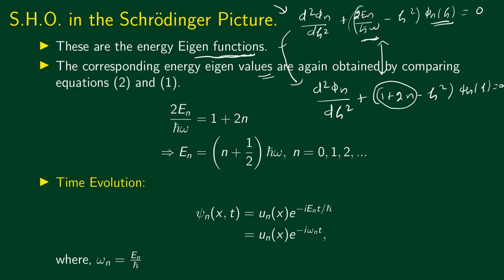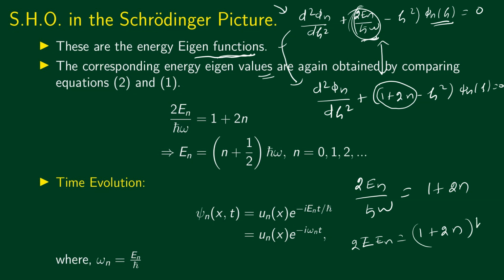We are just comparing these two equations, which means that 2En by h bar omega has to be equal to 1 plus 2n. Which means that 2En has to be equal to (1 plus 2n) multiplied by h bar omega.